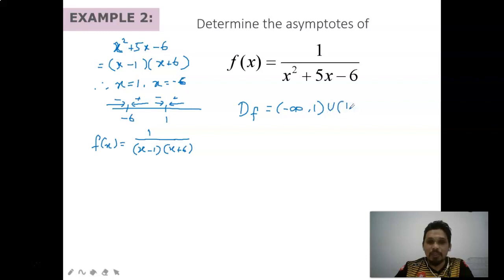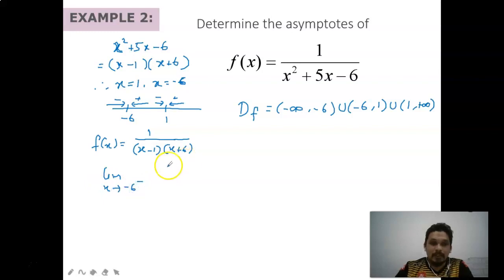So the domain is negative infinity to negative 6, union negative 6 to 1, union 1 to positive infinity.